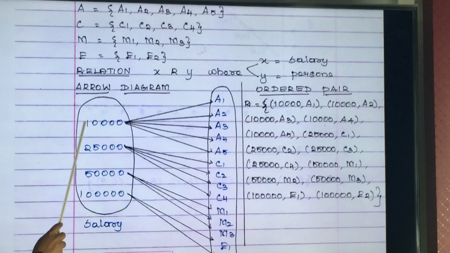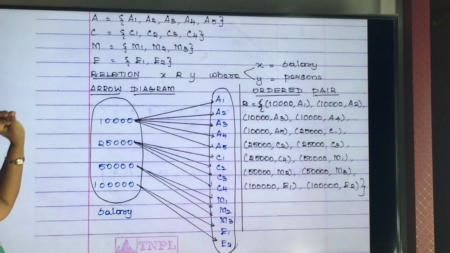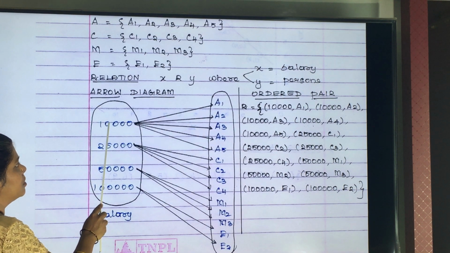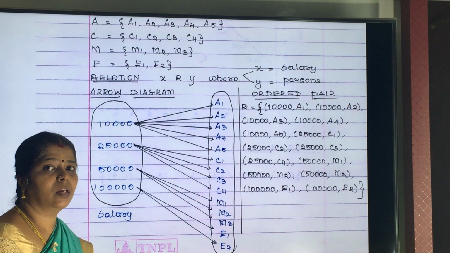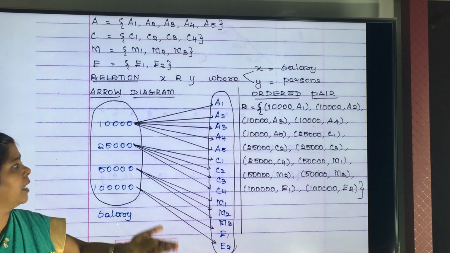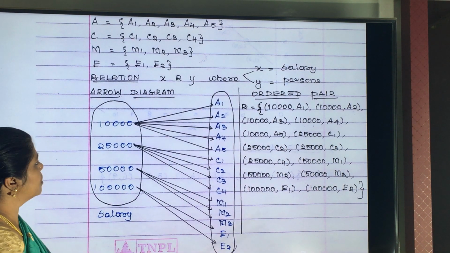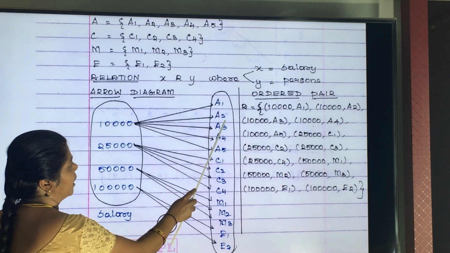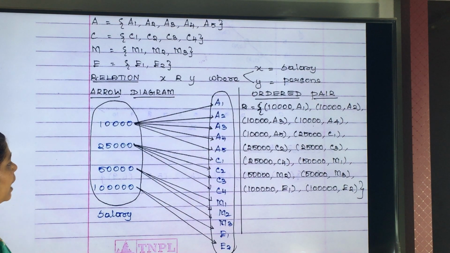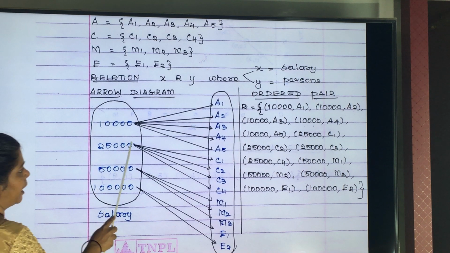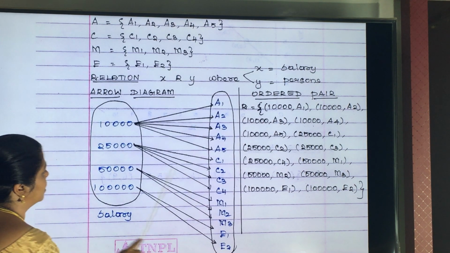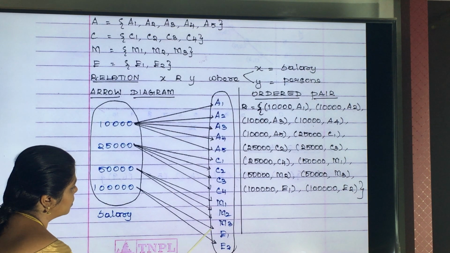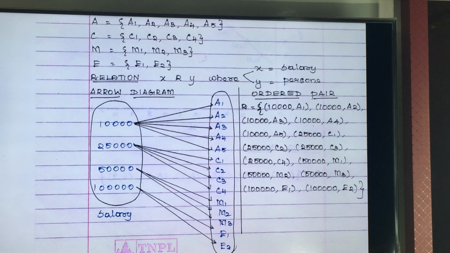Now, according to the information given in the question, 10,000 is paid to the assistants, and there are 5 assistants, so 10,000 is paid to all the 5 assistants, A1, A2, A3, A4, A5. Like that, 25,000 is paid to all the 4 clerks, 50,000 to all the 3 managers, and 1 lakh to executive officers.